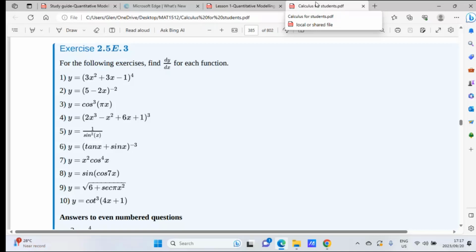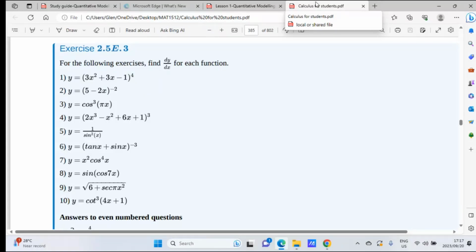Okay, it is all over 2 the square root of 6 plus sec squared tan x. Yes, that's the first one. Okay. Now the second one.